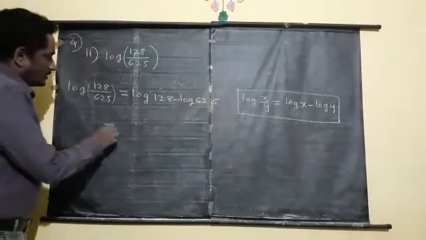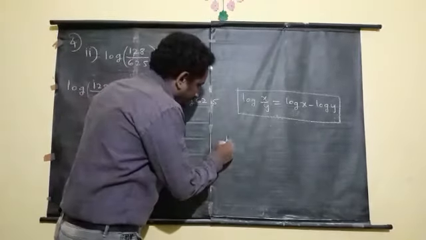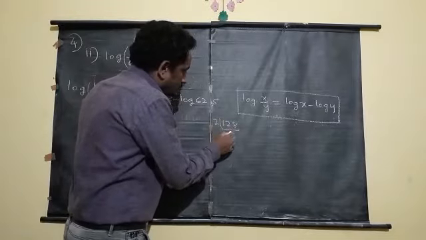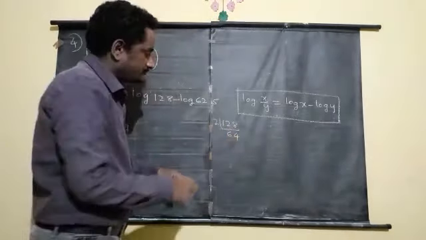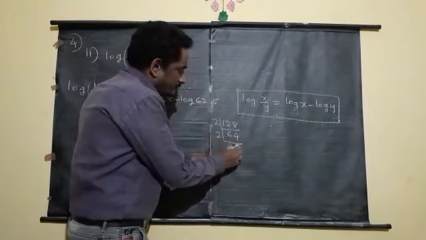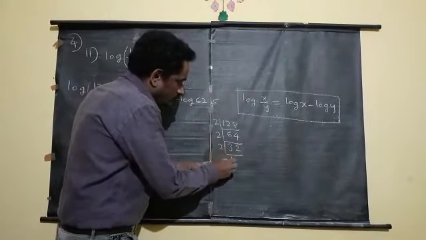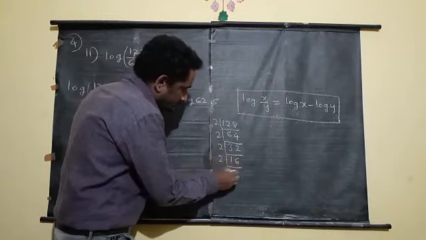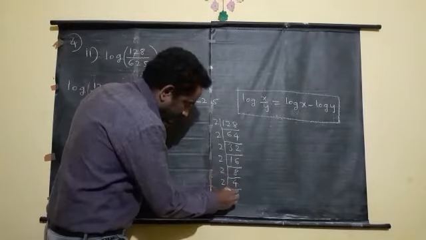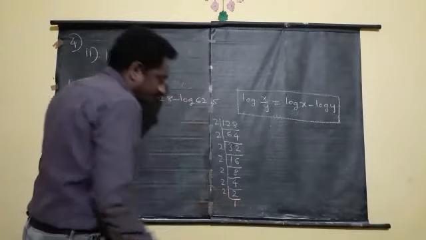That is equal to log, and for this 128 we find the prime factors. 2 6s are 12, 2 4s are 8, 2 3s are 6, 2 2s are 4, 2 1s are 2.